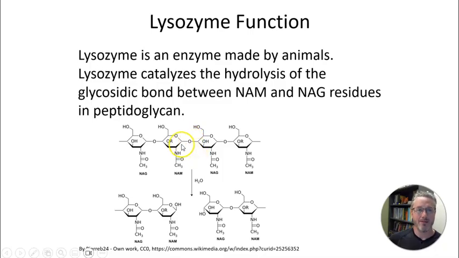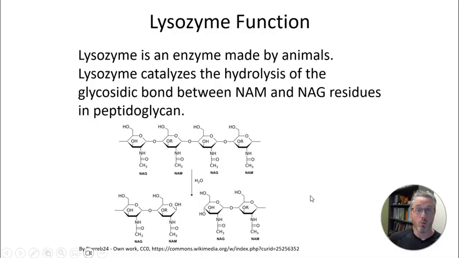And when that happens, it breaks this link between the NAM and the NAG, this glycosidic bond. So when lysozyme performs the hydrolysis, we convert the chemical structure from something like this to these independent structures where the bond holding them together is now missing, right? So lysozyme breaks the existing glycosidic bonds that exist in the peptidoglycan cell wall.